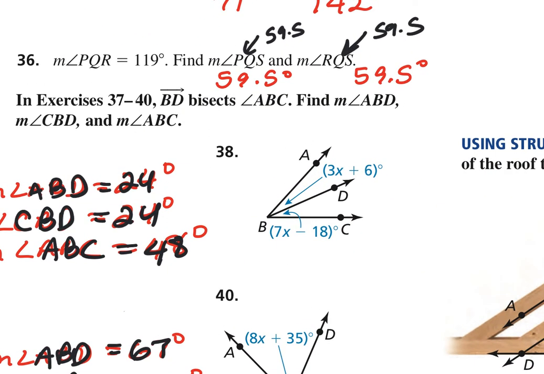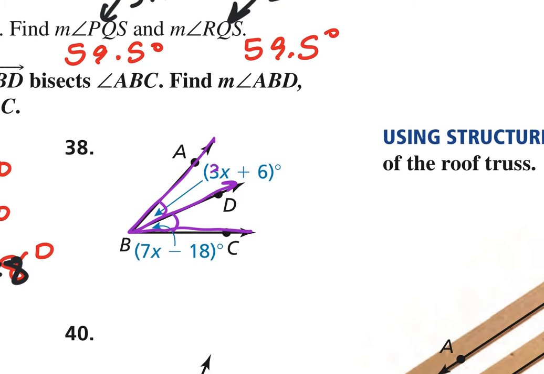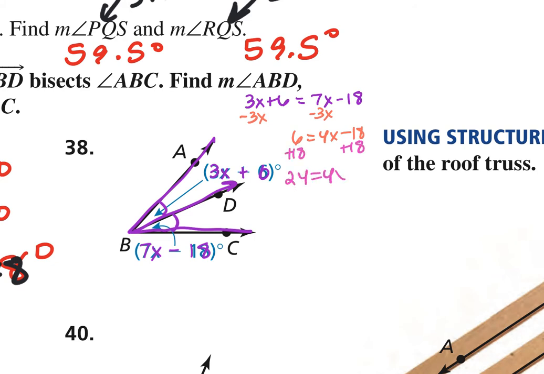38, it says that BD bisects ABC, so these are congruent, which means the 3x plus 6 is going to be equal to the 7x minus 18. So 3x plus 6 equals 7x minus 18, and then I subtract the 3x. 6 equals 4x minus 18. I add the 18. 24 equals 4x, and I divide both sides by 4.